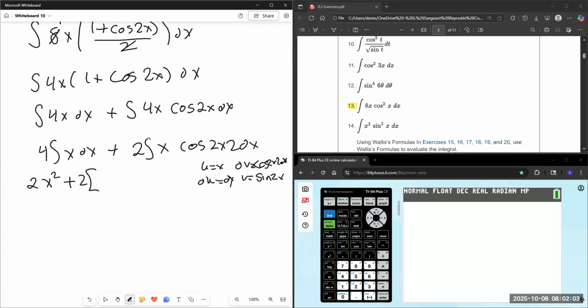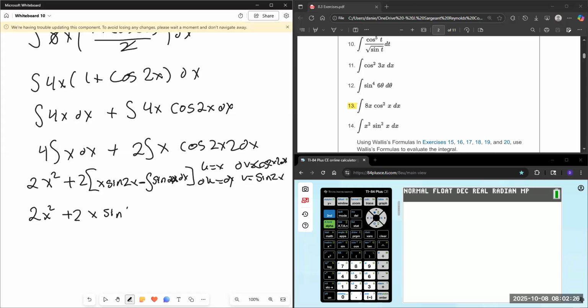So uv is x sine 2x minus the integral of v du, sine 2x dx. So that's going to be 2x squared plus 2x sine 2x minus 2 integral sine 2x dx.